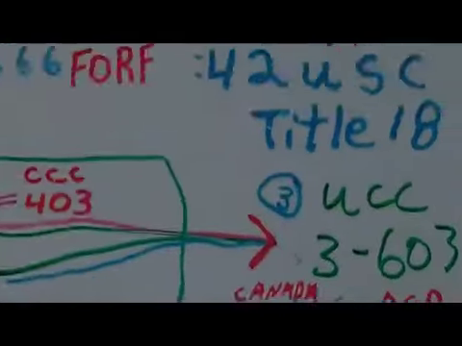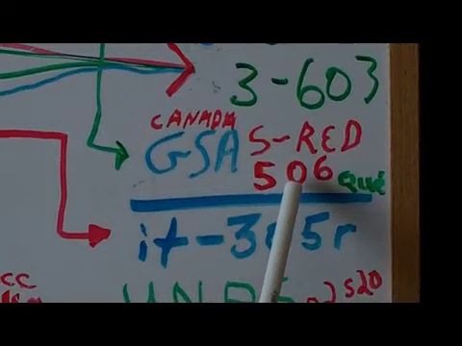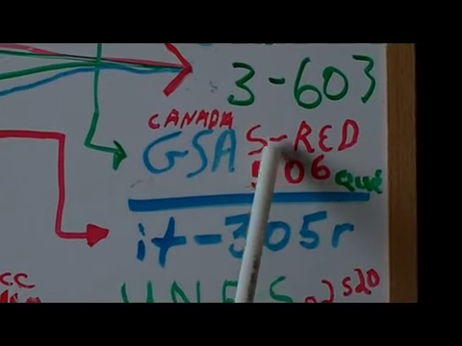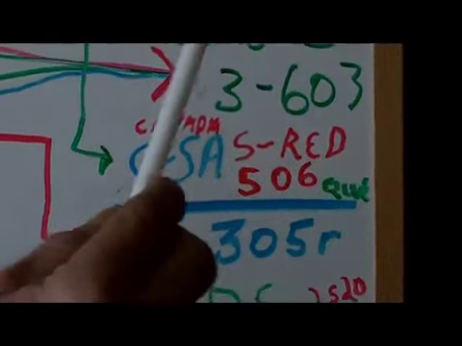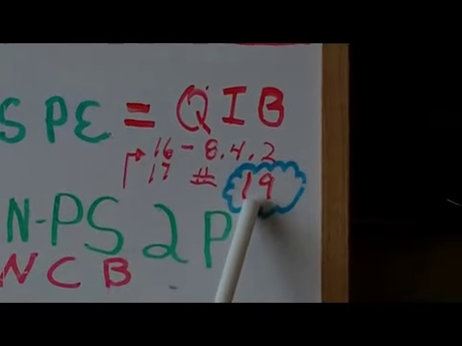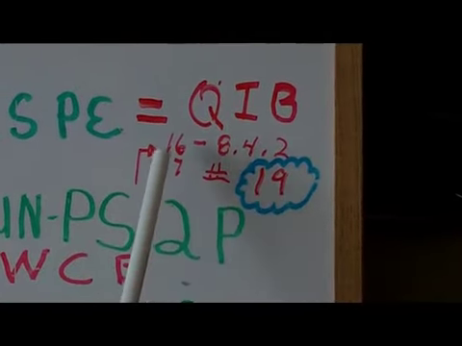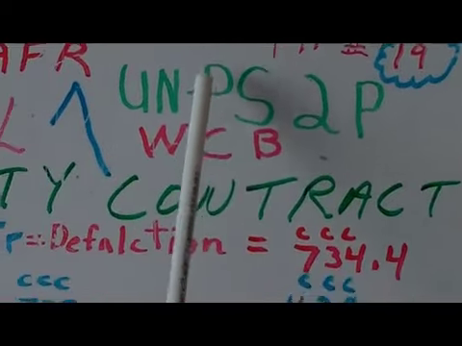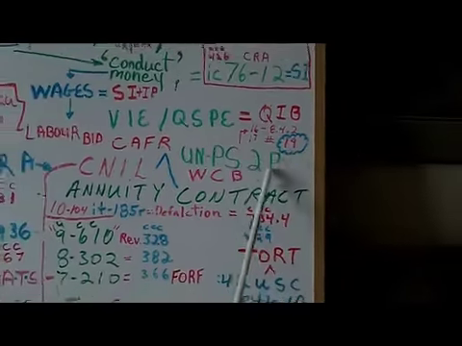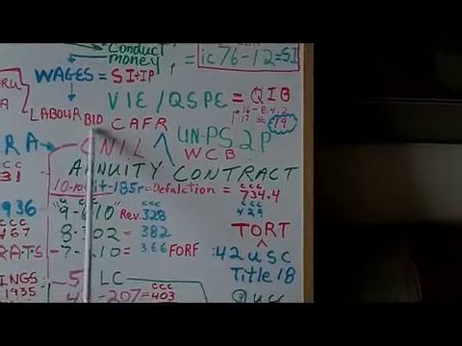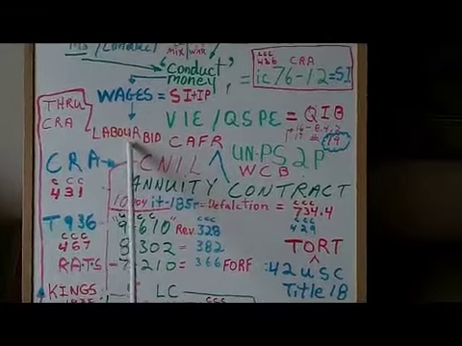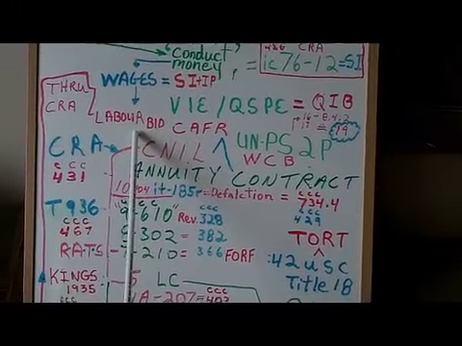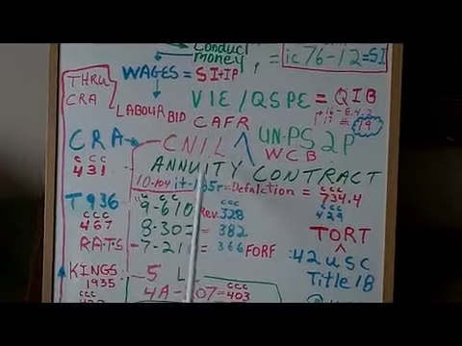When you file a GSA form, as in Canada, the GSA 56, taps into the SRED, Science, Research, Education and Development, which employs the rules against Section 19 in the UN Public Service 2-page article, which is in all bid bonds in the CAFRs because it's long-term agreements on the value because they are purchasing commodities in the futures.